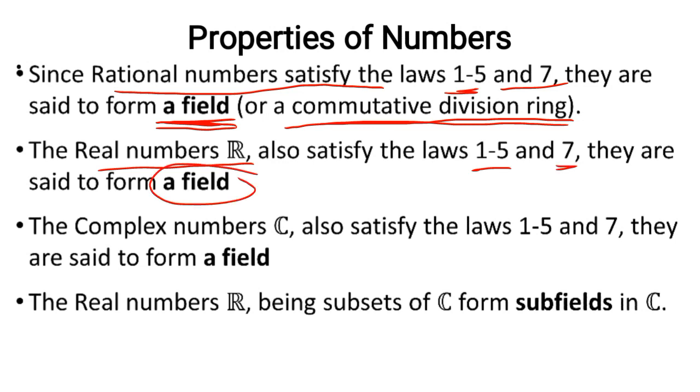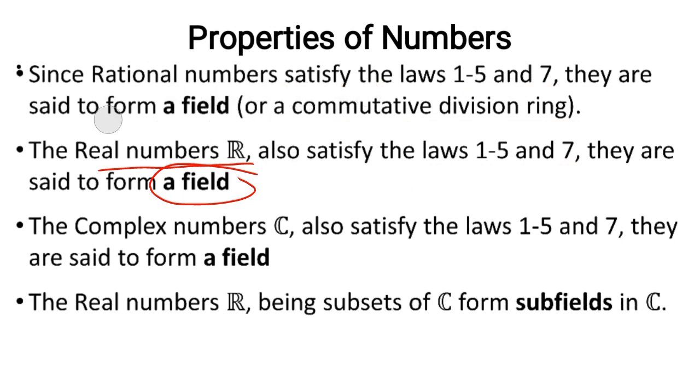So we now know that the integers are called rings when they satisfy 1 to 5. If they satisfy identities 1 to 5 and 6, they are called integral domains. Now we know rational numbers, because they satisfy identities 1 to 5 and 7, are called fields.